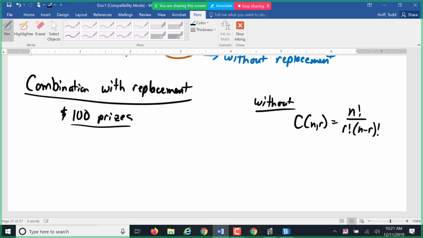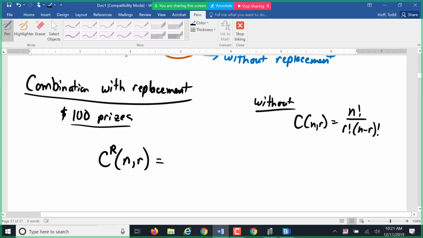If it's with replacement, let's say you draw their name out, they get the $100 prize, you put their name back in, they can win multiple times. In a combination with replacement, we just say C, we put a big R by it, to say combination with replacement of n things, and we're going to choose r of them. Now the number of possible choices has increased.